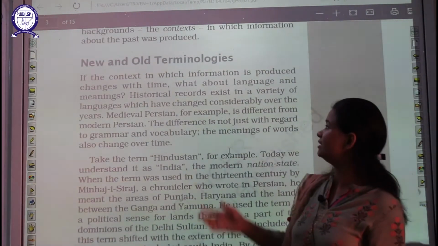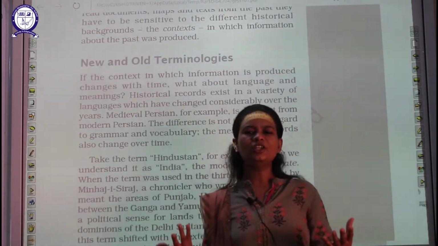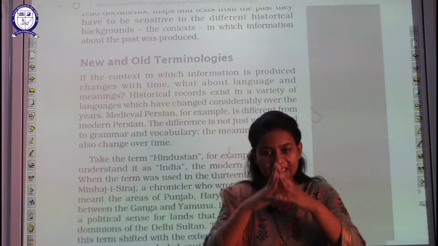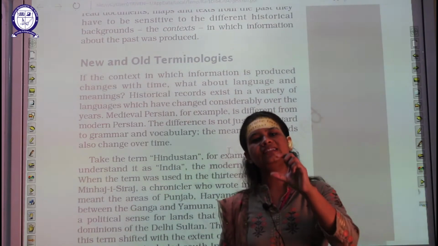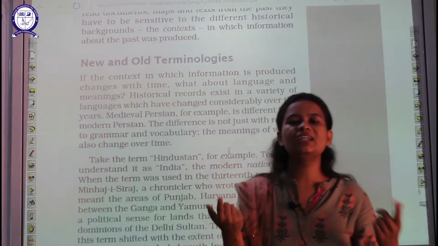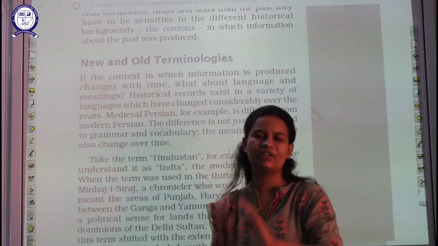Now we need to understand first of all the meaning of the word terminologies. Terminologies means terms. Now what does that mean? That means that there are certain terms which in the past had different meanings, and in today's era those terms have different meanings.